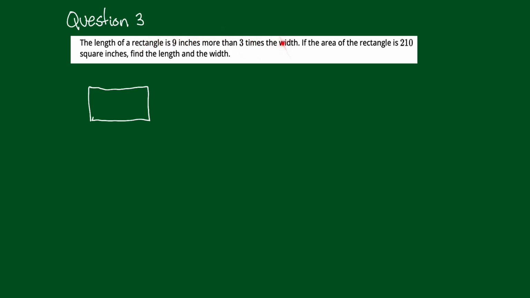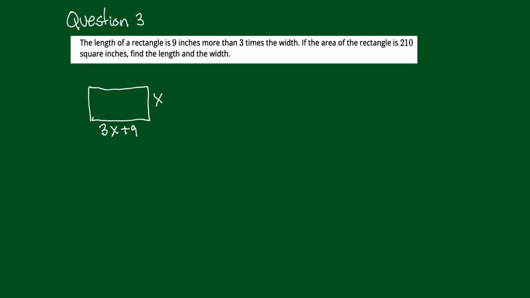So like a base quantity here is the width. If I know the width, the length is given in terms of the width. So I'm going to let x equal the width. And what do you know about the length? Well, the length is 9 inches more than, so something plus 9, 3 times the width. Here's 3 times the width, and then you want 9 more. So what do you do? You add 9 to it.